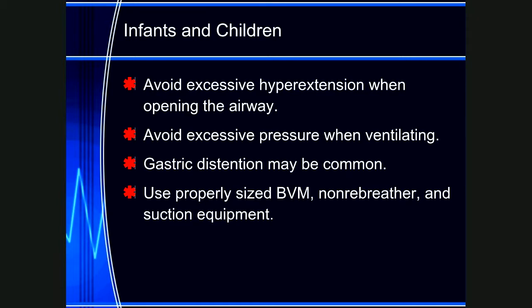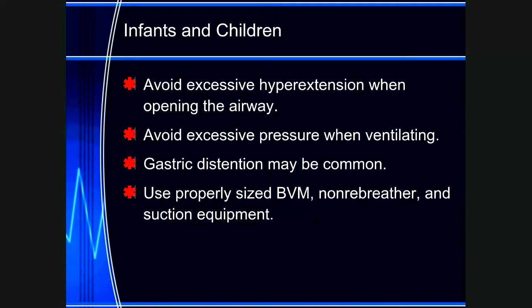You start bagging the stomach with air and not getting it down into the lungs, that stomach is not going to burst and blow out through the skin, but they're going to vomit. And they don't say, hey, I feel like I'm going to get sick. They just let it loose. And now you've got to suction, get all the secretions out before you can go back to ventilating your patient.